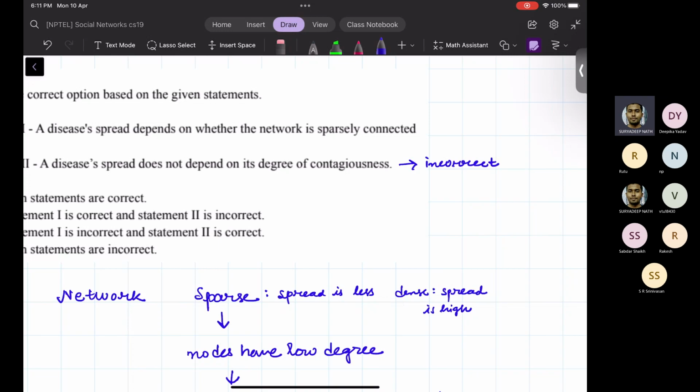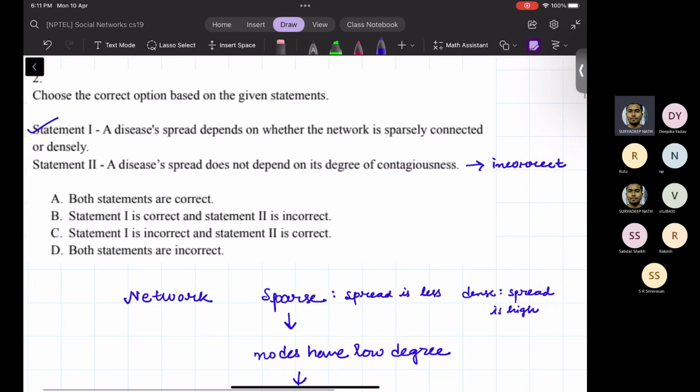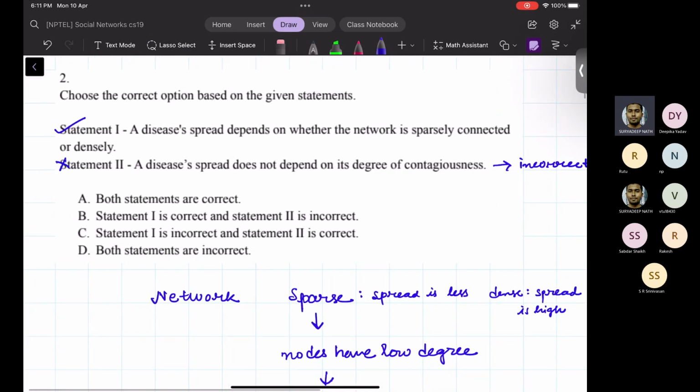But a disease that has very low contagiousness will have difficulty in spreading from one node to another. Here, the nodes represent the people in the social network. Therefore, statement two is incorrect. So the right answer is statement one is correct and statement two is incorrect.